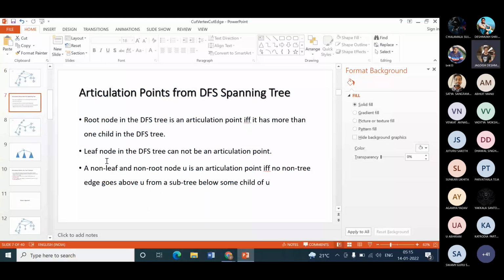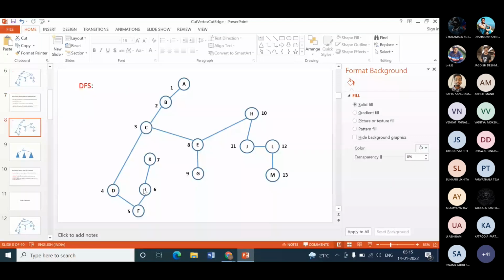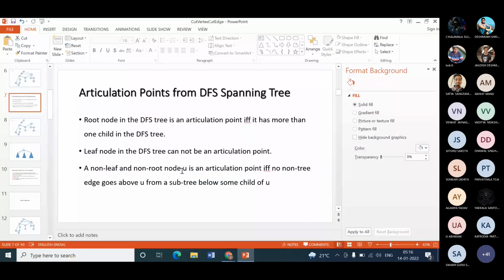Okay, K के जगह अगर मैं बोलूं I is not a cut vertex because I के नीचे आ रहा है K and K से एक बैक एज जा रहा है C तक, which is above I. Why is I not a cut vertex? Because in this DFS tree I के बाद K विजिट करा, तो K is a child of I, जहां से एक बैक एज C में जा रहा है, which C is above I in this DFS tree. So that is why I cannot be a cut vertex.